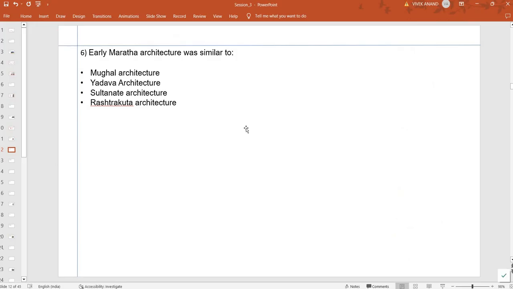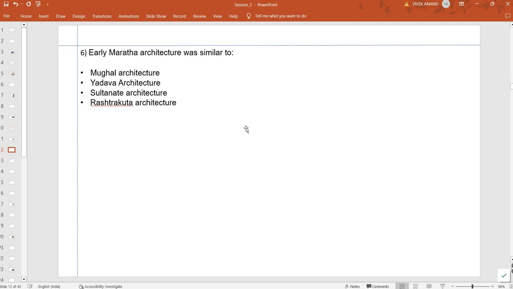Early Marathas, like in the time of Shivaji, if you see the temples built by Shivaji, at first look you will say that yes, this is a mosque, because they have four bulbous domes in four corners, four straight walls and one small gateway.